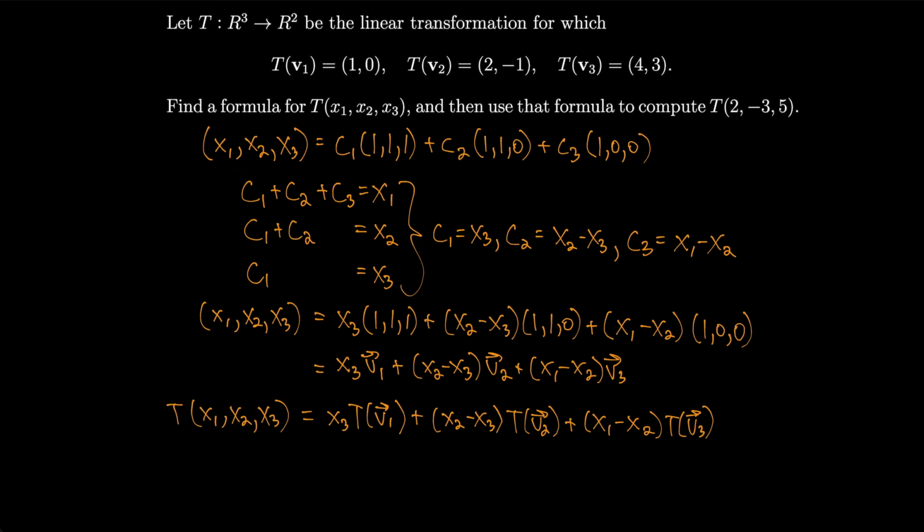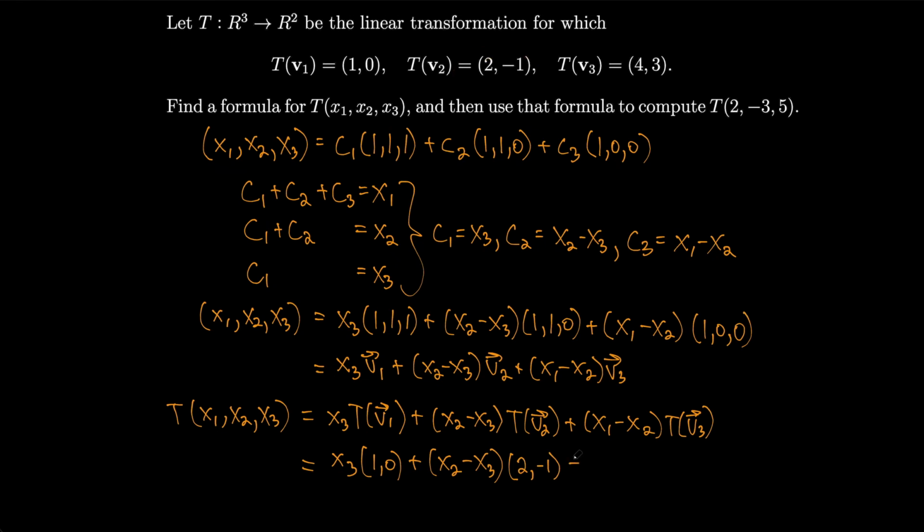So now I can write it out as x3 times T of v1, which they told me is (1, 0), plus x2 minus x3 times T of v2, which they said was (2, -1).